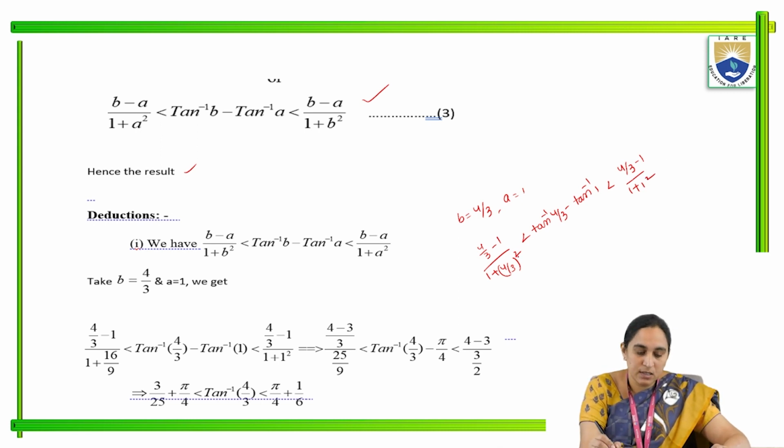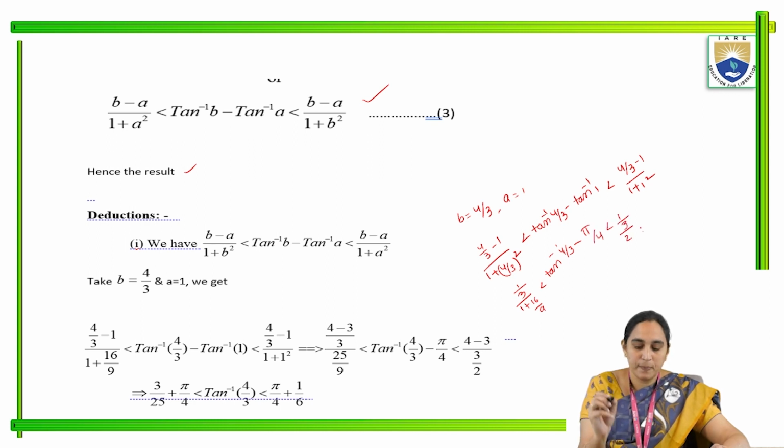Here 4 by 3 minus 1 means 4 minus 3, that is 1 by 3 by 1 plus 16 by 9 less than tan inverse 4 by 3 minus tan inverse 1, that is pi by 4, less than 1 by 3 by 2. There we get 1 by 6.